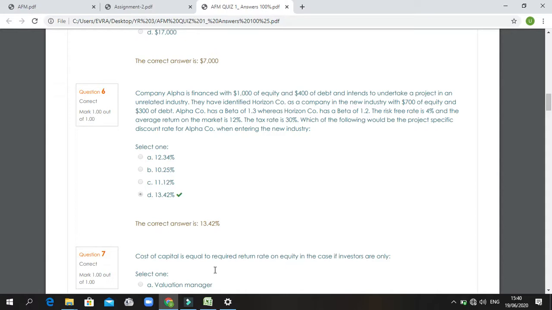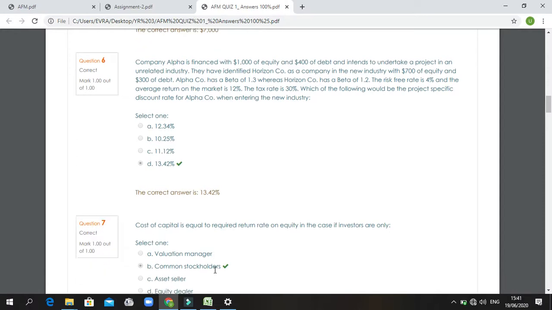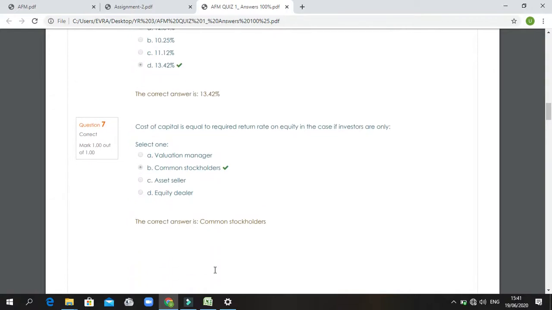The risk-free rate is 4%, and the average return on market is 12. The tax rate is 30%. What will be the project specific discount rate for Alpha company when it enters the new industry? The answer will be 13.4.2, where we shall study how the gearing works, and I will show you how to calculate this. That's why I show you these questions before the next lesson we are going to study.